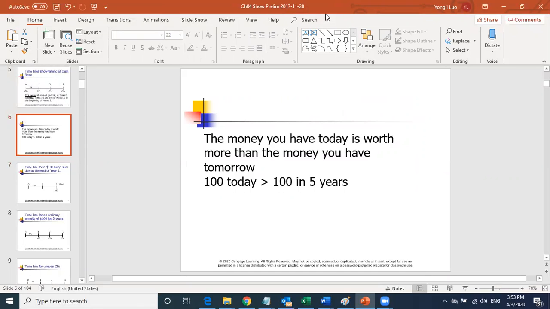Why is the money you have today, $100, worth more than $100 in 5 years? Because the money you have today is guaranteed, like you have it already, whereas in 5 years it's uncertain. Exactly, that's right. So it's the risk, right?